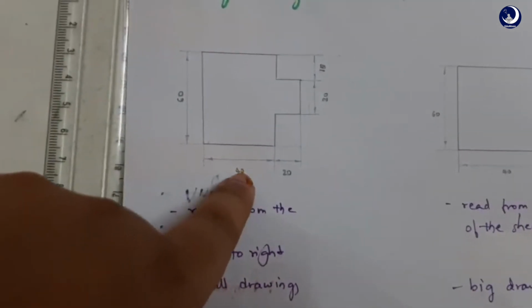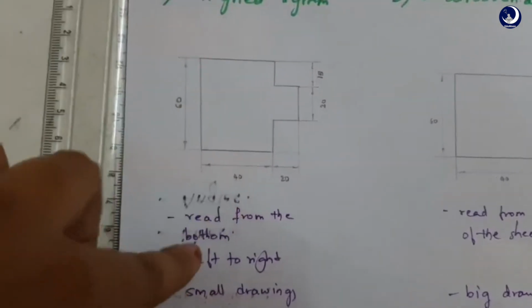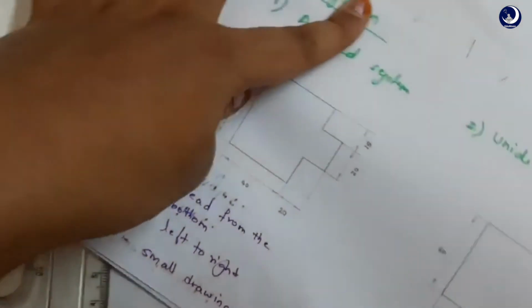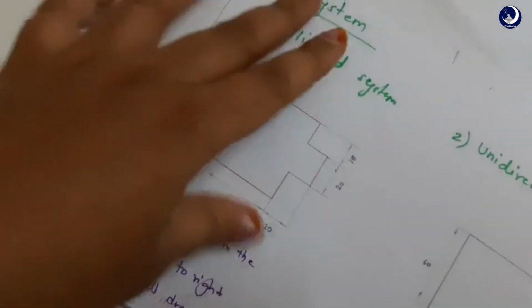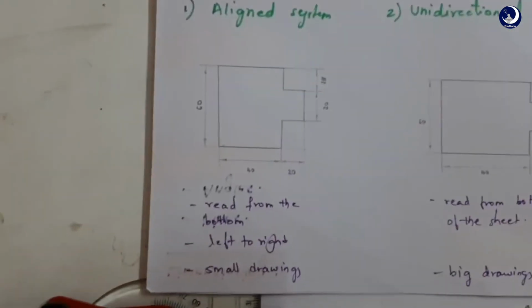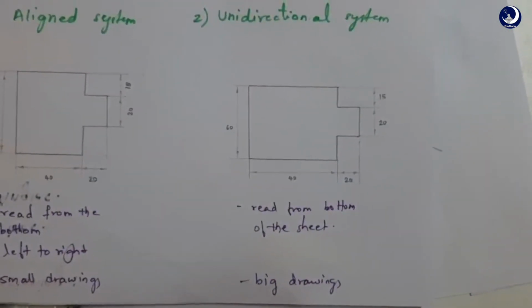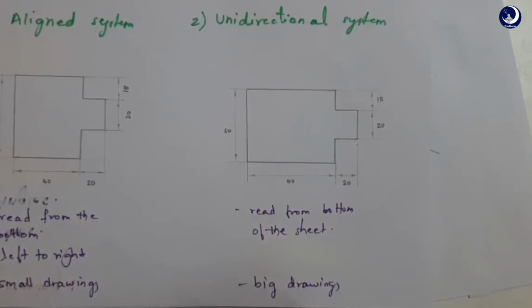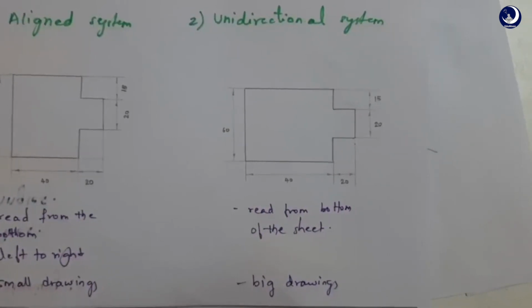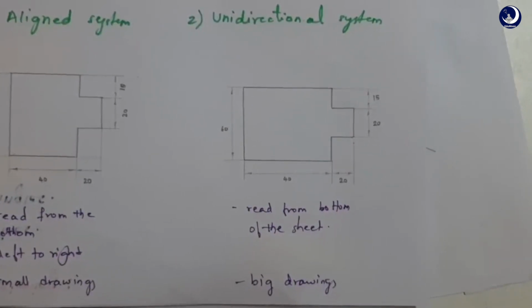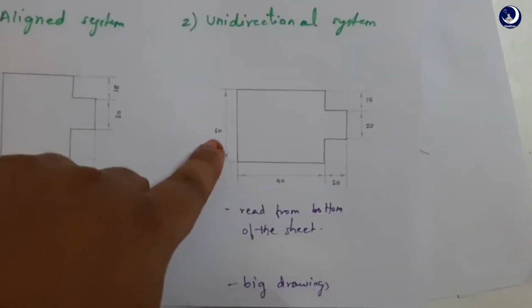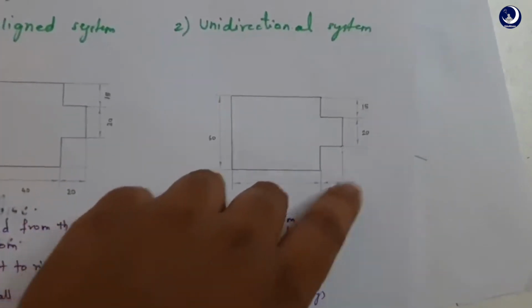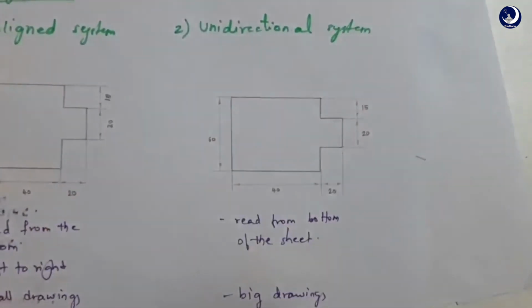That is, we read 40 and we read this as 60. In unidirectional system, all the dimensions read from the bottom of the sheet and they're used in big drawings. As you can see, all the dimensions are readable without turning the paper.